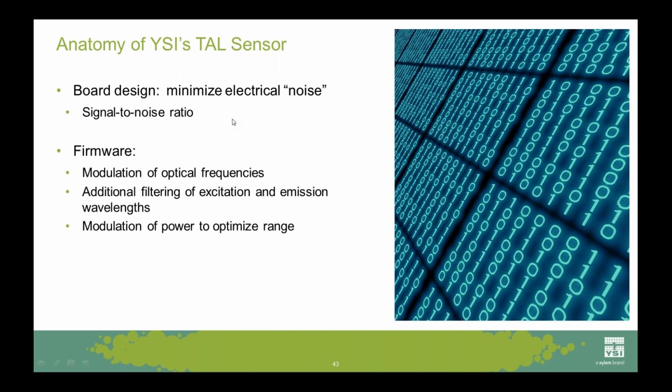I think of this as the tools used today in the pop music industry where they modulate the frequencies of the singer's voice. So Katy Perry's recorded voice is not her natural or native voice. It is modulated to have perfect pitch and tone. The firmware does that for the sensor.